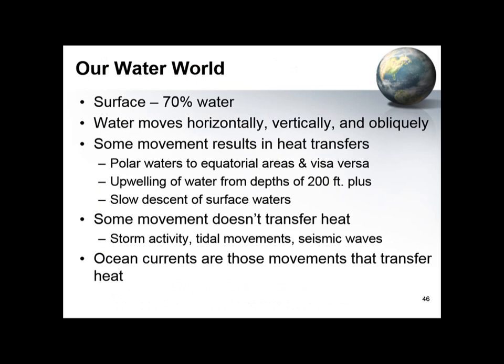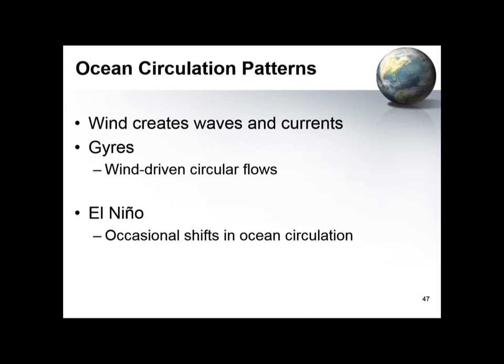Our water world. Surface 70% water. Water moves horizontally, vertically, and obliquely. Some movement results in heat transfer, some movement doesn't transfer heat. Ocean circulation patterns. Wind creates waves and currents.